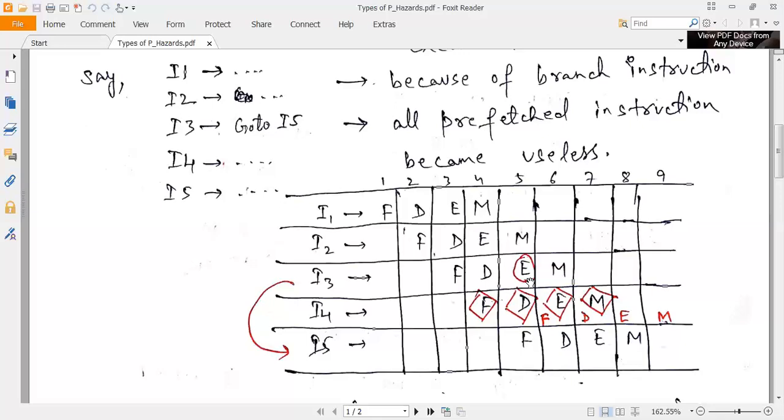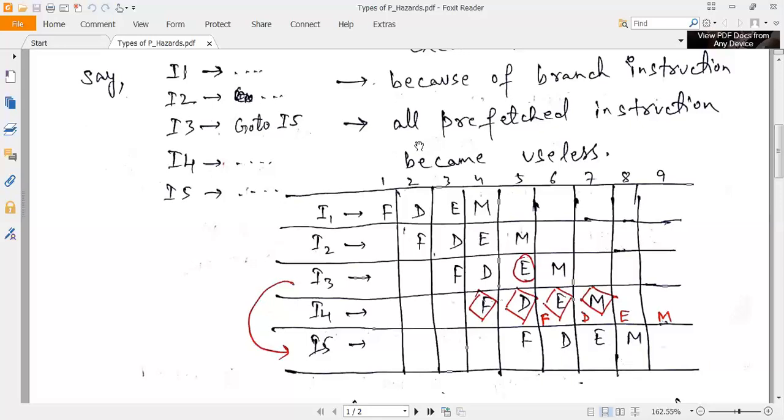At clock cycle 5, please see, instruction number 4 has already started the fetching and decoding part. But the execution of instruction 3 at clock cycle 5 is saying go to instruction number 5. That means this I4 fetching and decoding become useless.